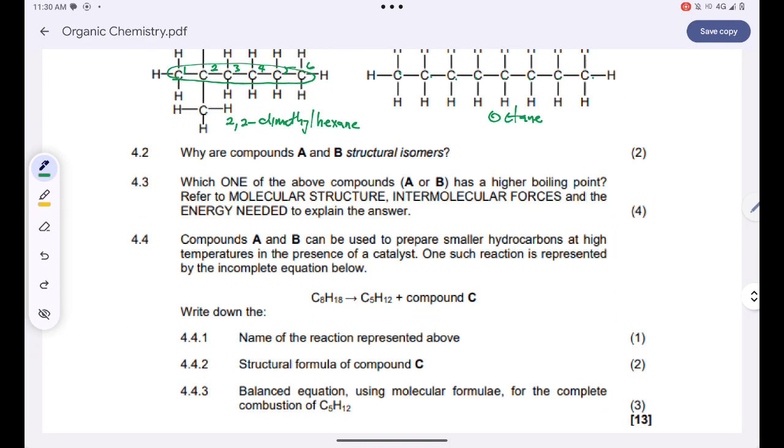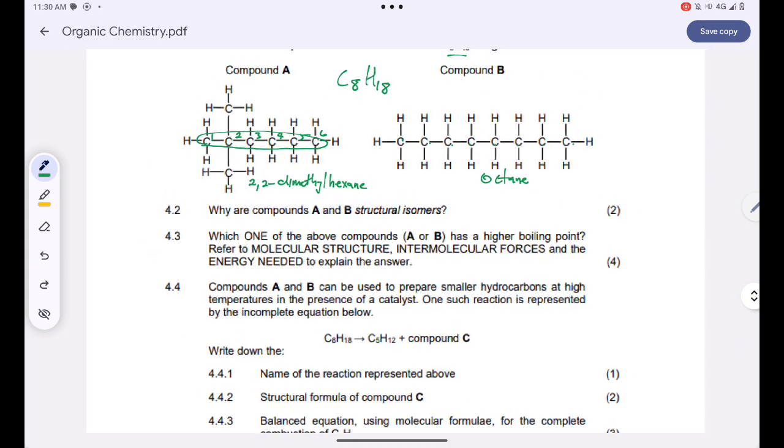And then 4.3: Which one of the above compounds, A or B, has a higher boiling point? Refer to molecular structure, intermolecular forces, and the energy needed to explain your answer.